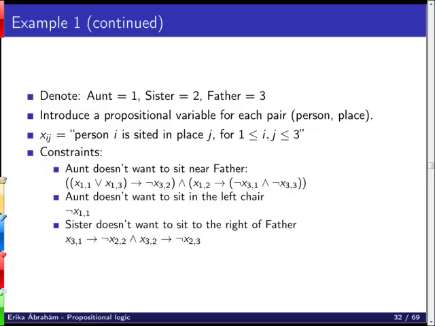If the father sits on the left, that's just the other way around on the slides. So if the father sits on the left, then the sister doesn't sit in the middle, and if the father sits in the middle, then the sister doesn't sit on the right.